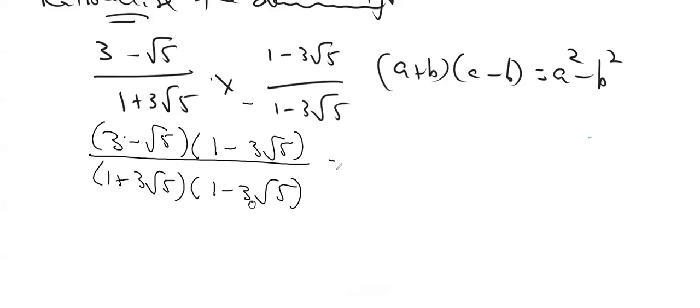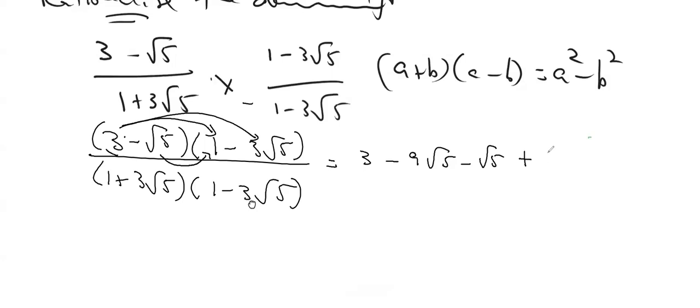So if you were to multiply 3 by 1, you get 3. 3 by 3 root 5 will give you 9 root 5. Then you will multiply minus root 5 by that one, you get minus root 5. And then minus root 5 by minus 3 root 5, you will have positive 3 root 5 squared.